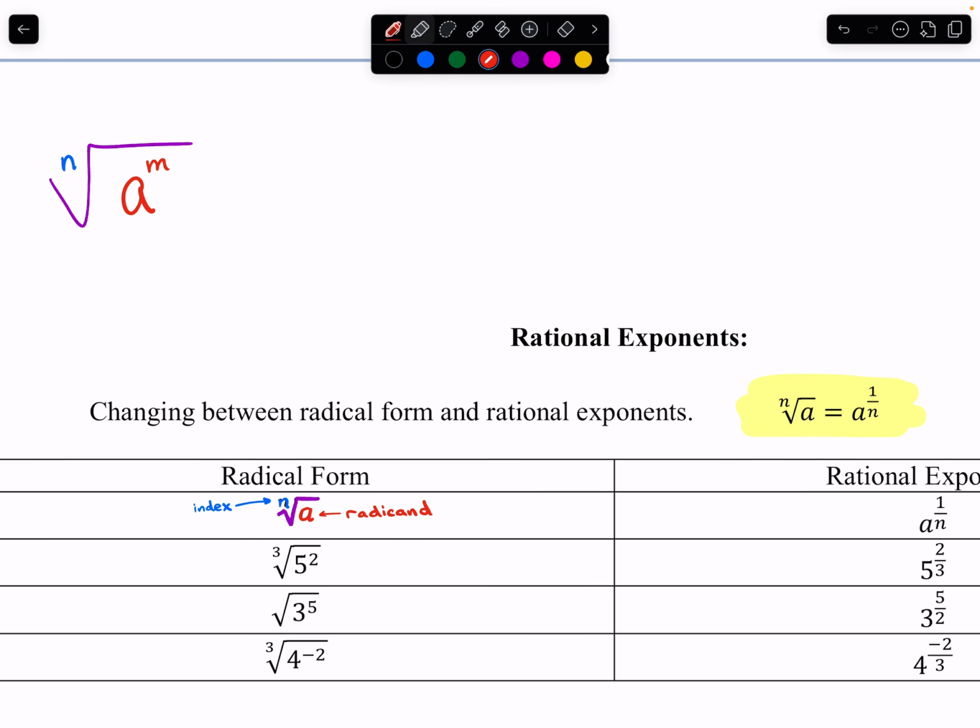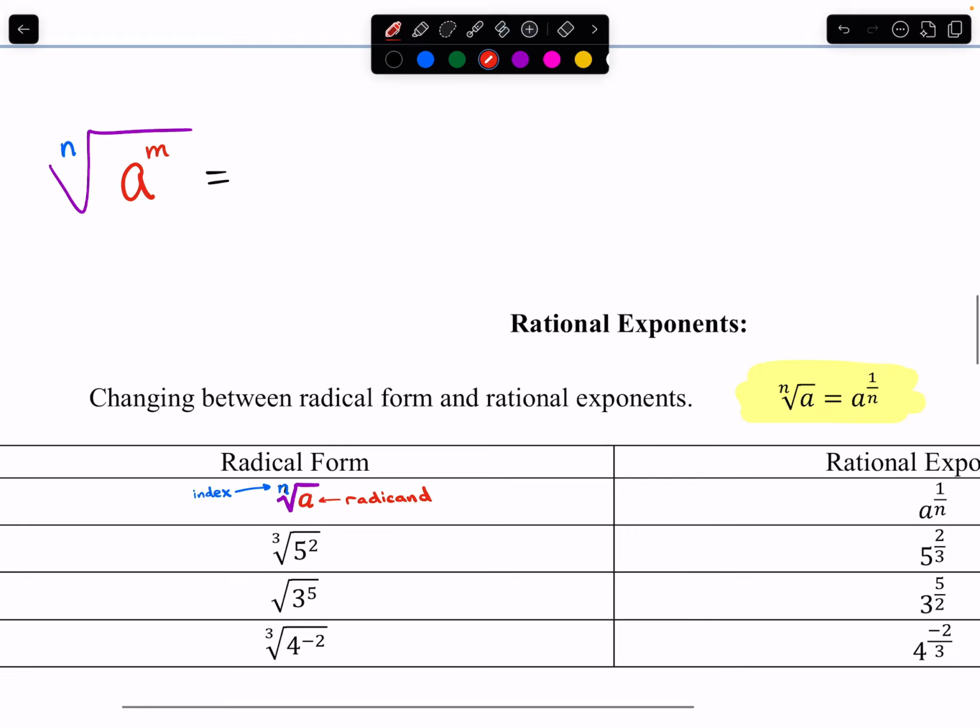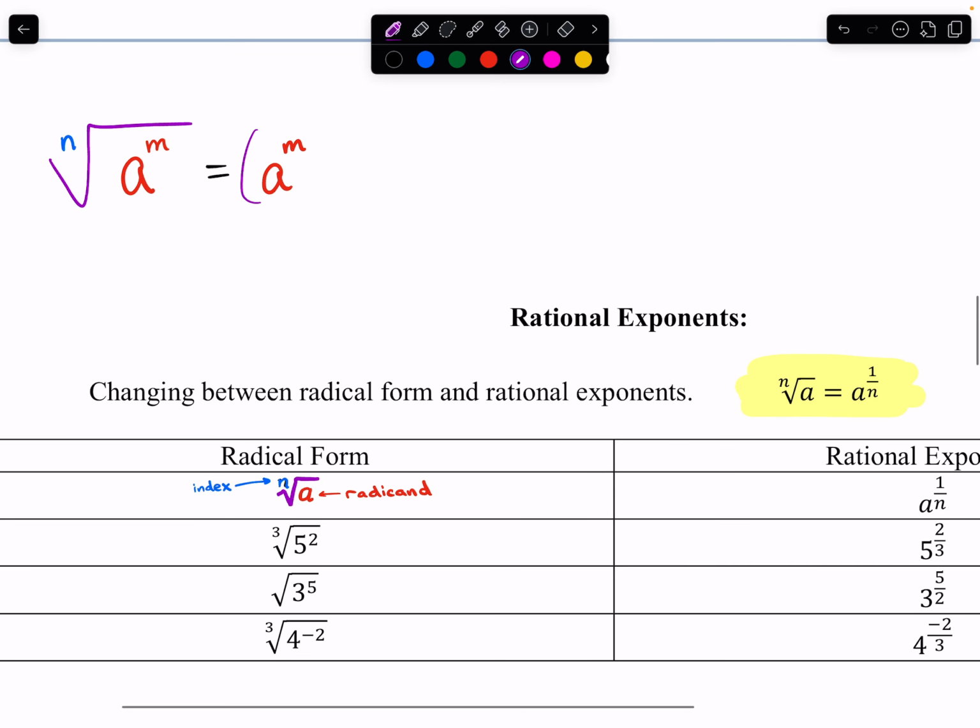I can still use this rule to rewrite the expression as my radicand, the stuff inside the radical, but it's going to be all to the power of 1 over n.